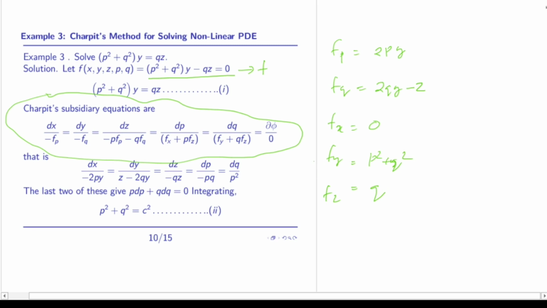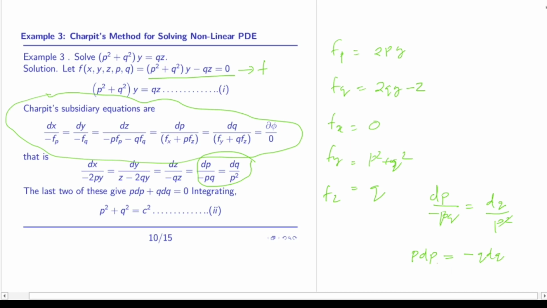Okay, then what we get is, we consider these last two terms, which are dp by minus pq equal to dq by p square, where you can cancel one p from both sides. So then you cross multiply, what you get is p dp equal to minus q dq.